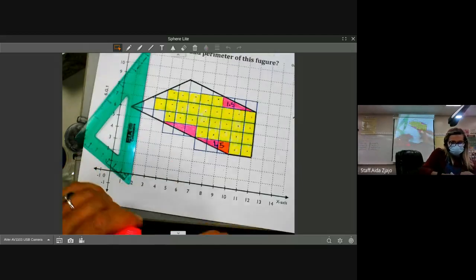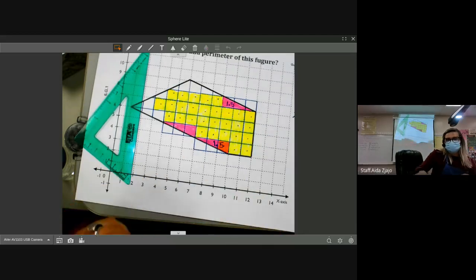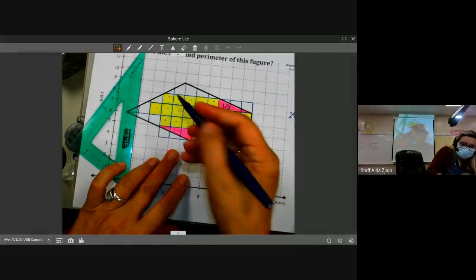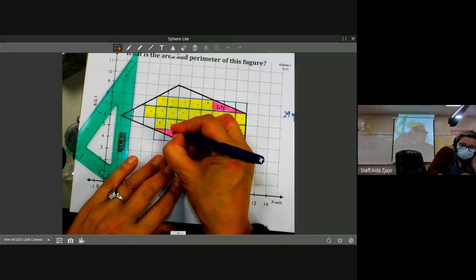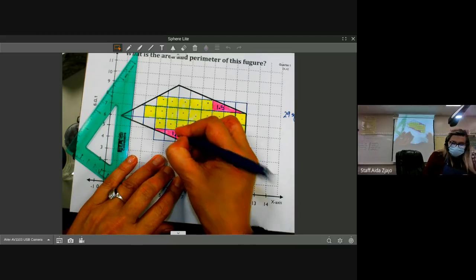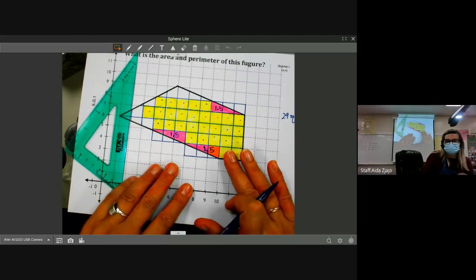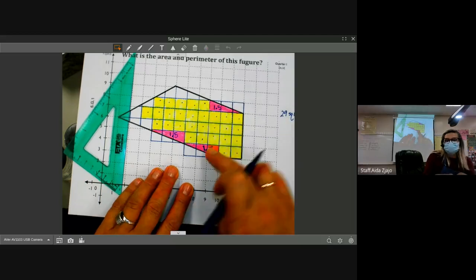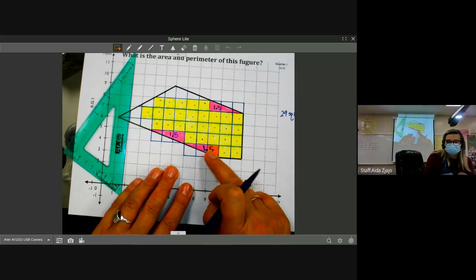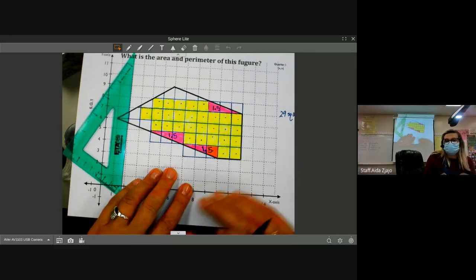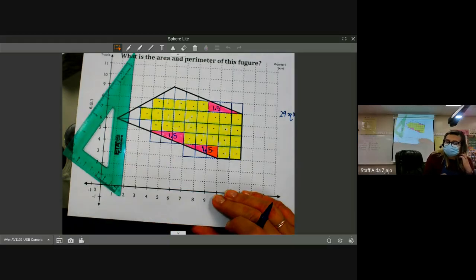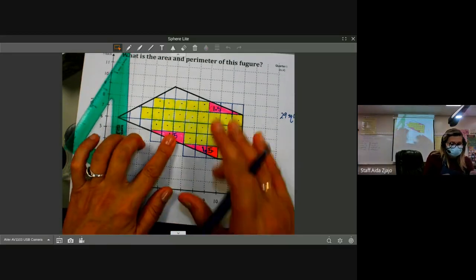Okay. So this is 1.5. So right now, I know that I have 29 yellow squares, and each of these triangles is partially squares. We figured out that it is 1.5 and 1.5.